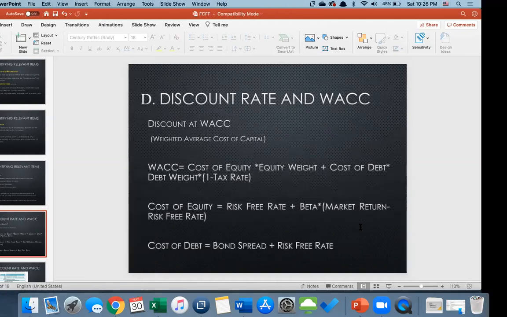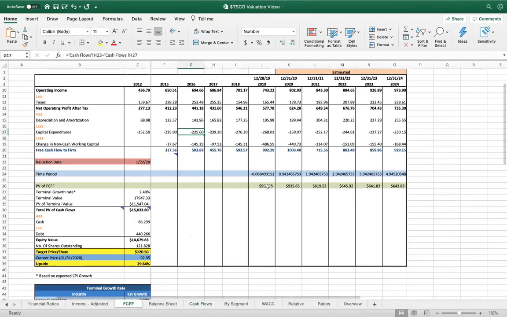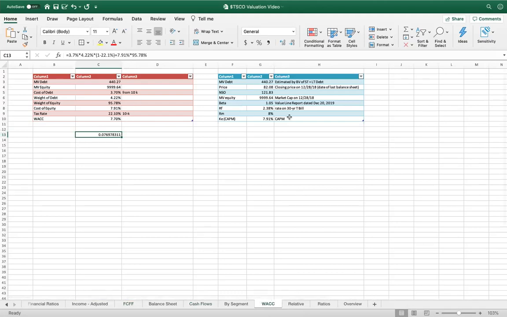You can look at the example to see the WACC calculation here. For the cost of equity, we use the CAPM model.